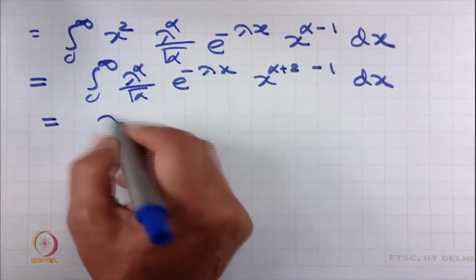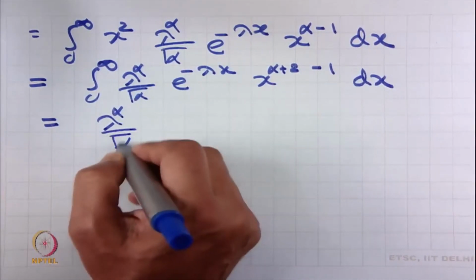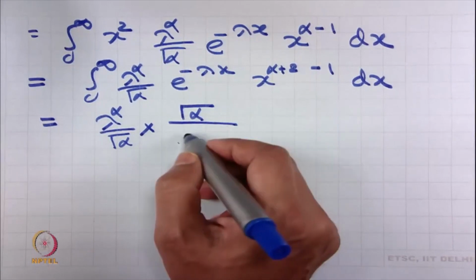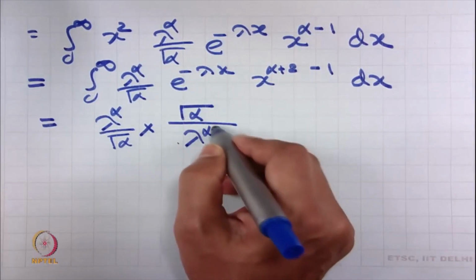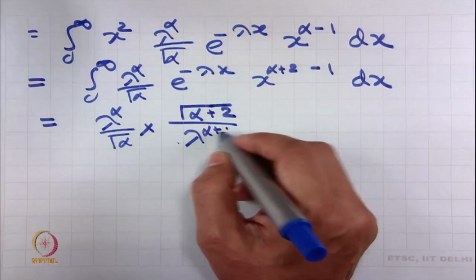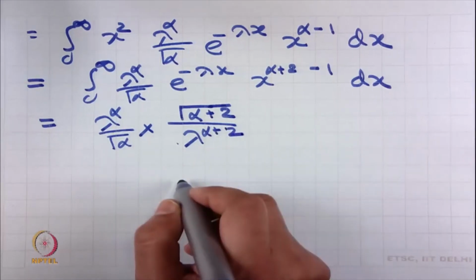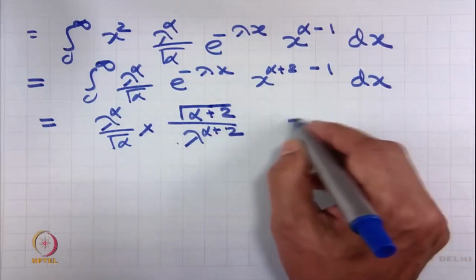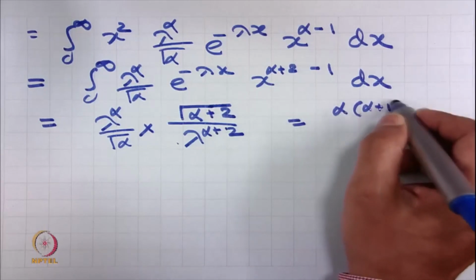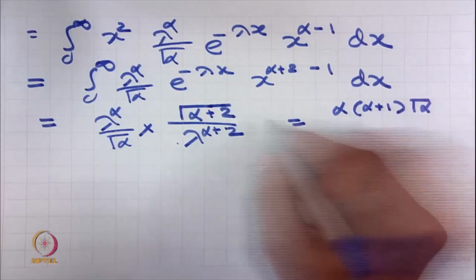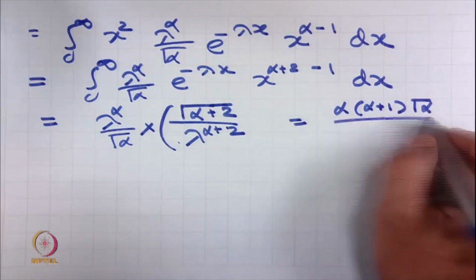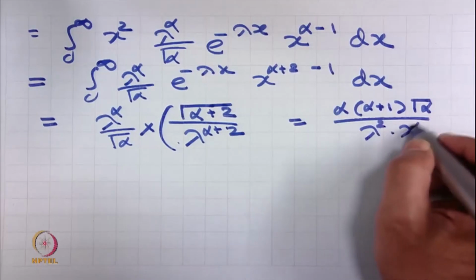And we know that this is going to be lambda power alpha upon gamma alpha into gamma alpha plus 2 upon lambda power alpha plus 2, which is equal to alpha into alpha plus 1 times gamma alpha over lambda square into lambda power alpha.